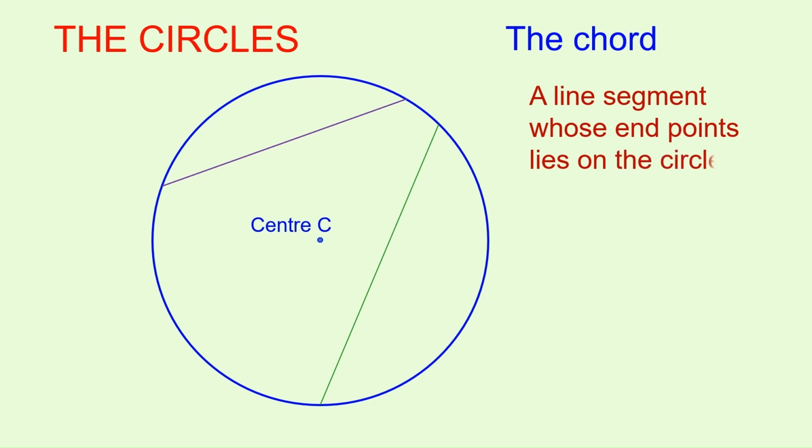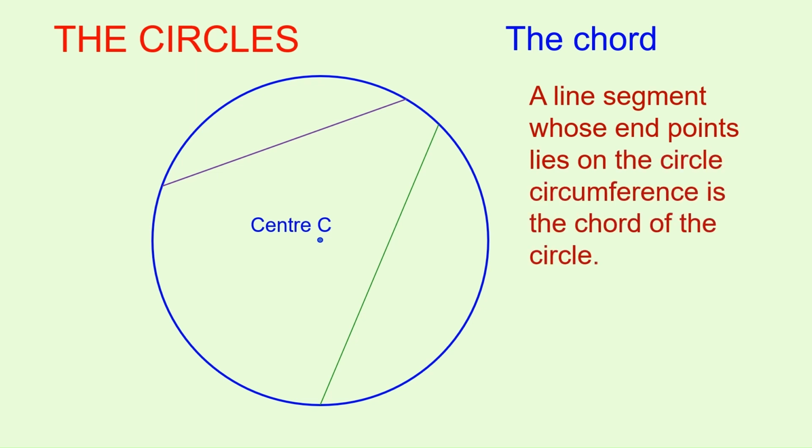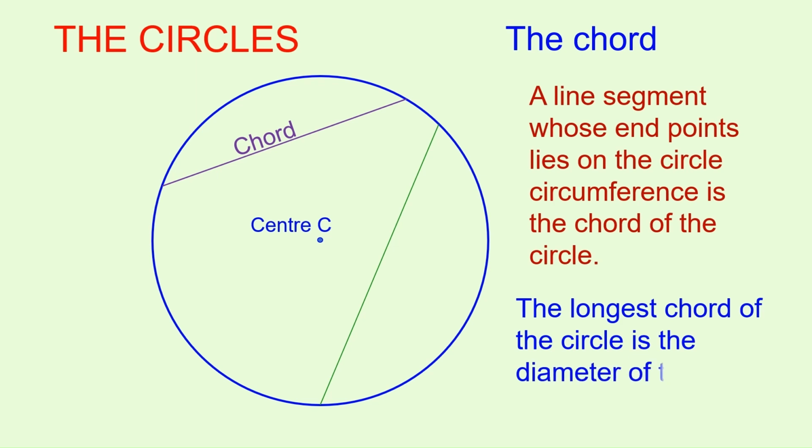The chord, a line segment whose endpoints lie on the circle circumference, is the chord of the circle. The longest chord of the circle is the diameter of the circle.